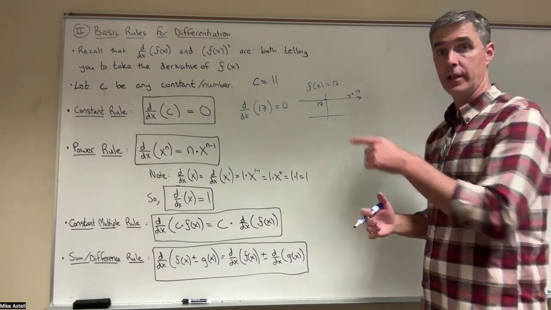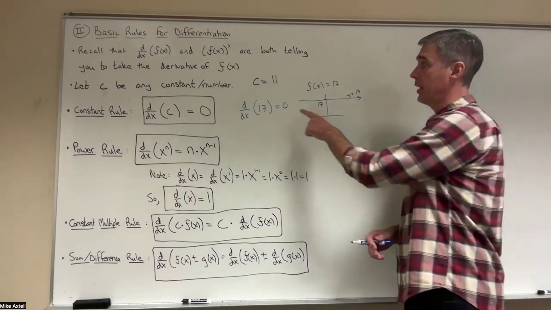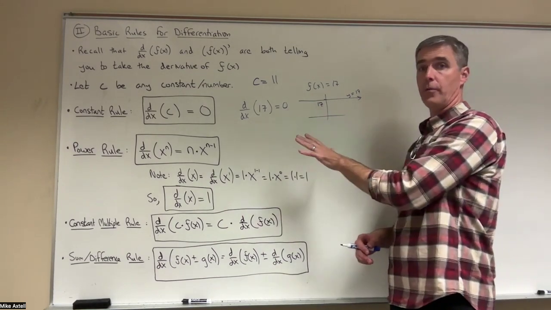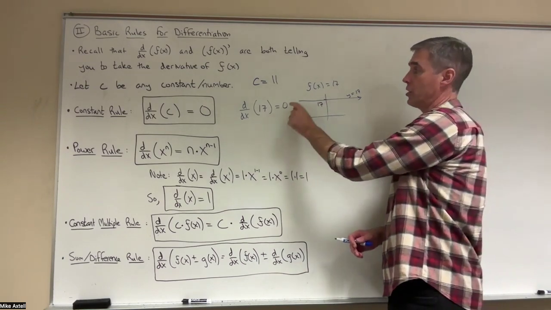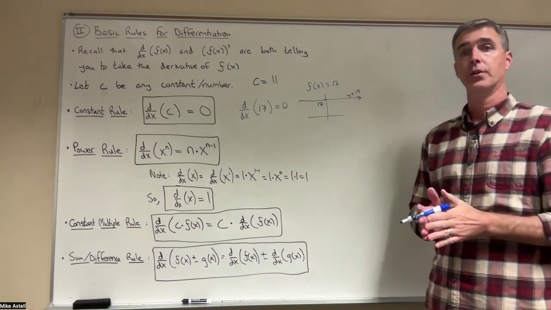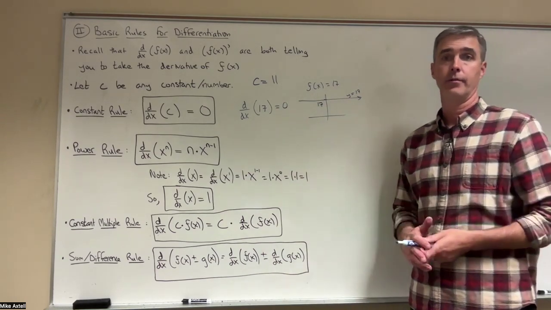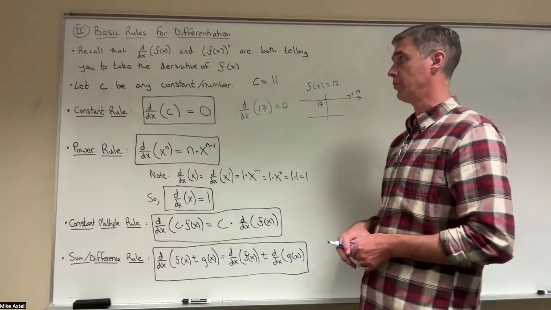The derivative is the slope of that horizontal line, and the slope of a horizontal line is 0. So this rule hopefully makes sense graphically. A constant function is a horizontal line, a horizontal line has slope 0, and the derivative is the slope of the graph. So this derivative is 0. That's called the constant rule.